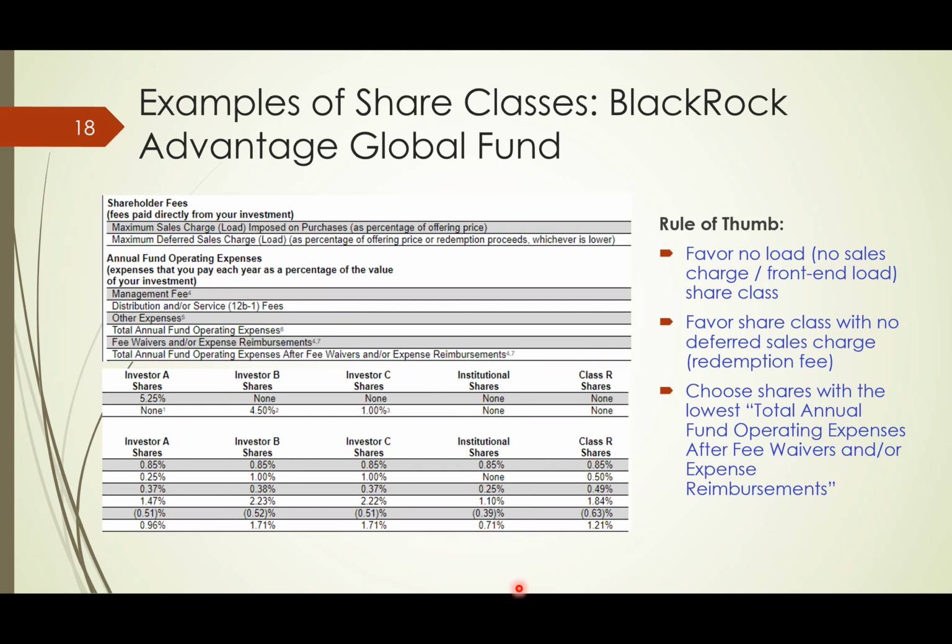Therefore, institutional shares are always preferred over other class shares. But when you don't have the option to choose institutional shares, then you may have to compare Class A, Class C, and Class R, depending on your expected investment horizon.